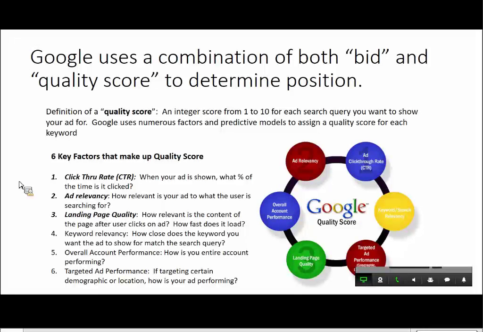The next important factor of this quality score is something called ad relevancy. Google will not only analyze your ad, they'll analyze your keywords that you selected, and they'll analyze how closely your keywords match what the user is searching for. And they want your ad to be as relevant as possible because they want the users to have a good experience.